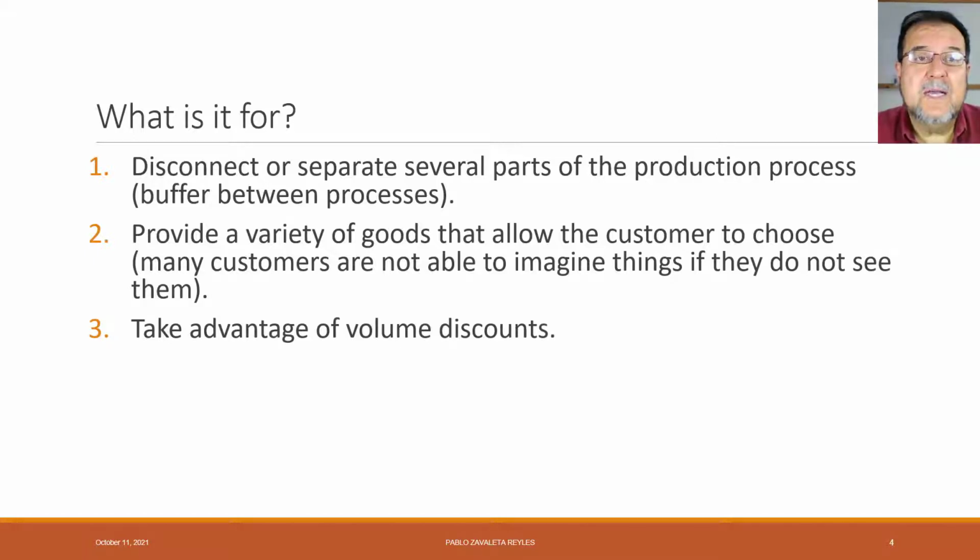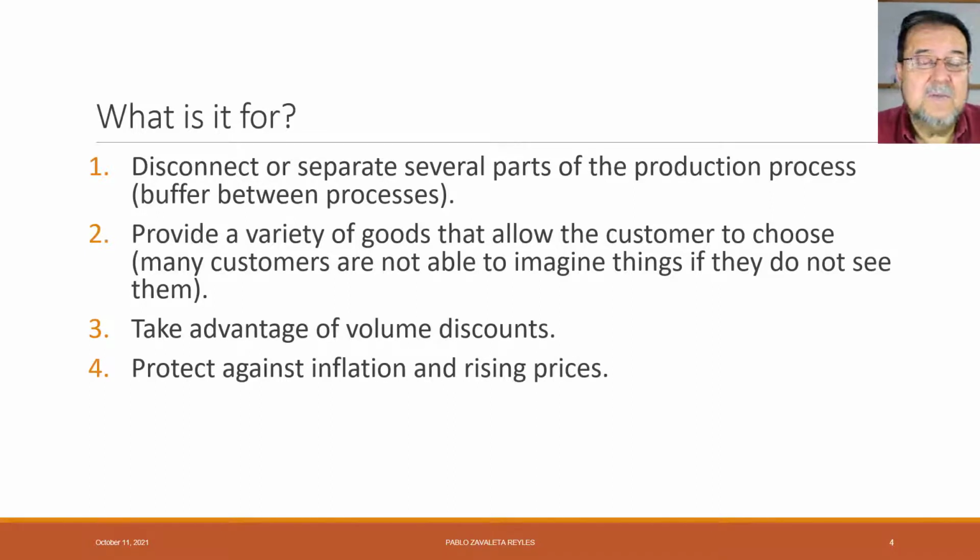Also, inventories help us take advantage of volume discounts. For example, if we're buying 1 ton of cotton for the shirts, we might get a different price than if we bought just 100 kilograms. Usually, the larger the purchase, the better terms that we can get.